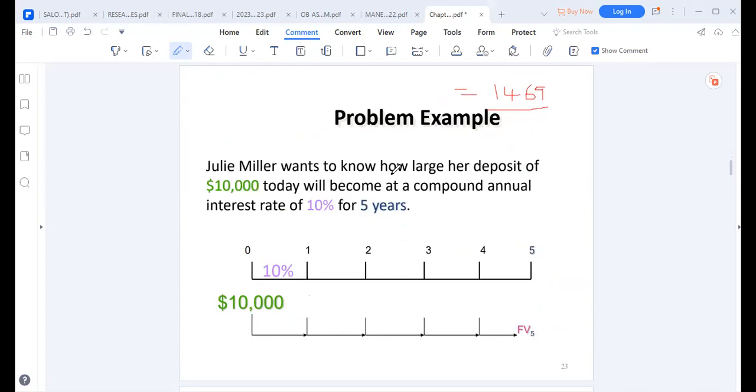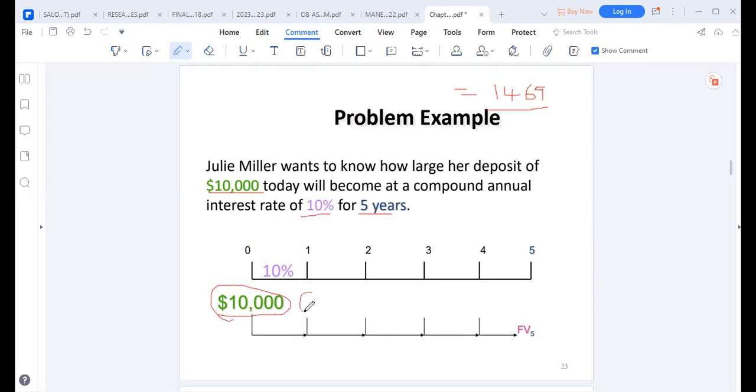Mila wants to know how large her deposit of 10,000 today will become if there's an annual compounding interest rate of 10% after 5 years. So in this case, we want to compute our future value. The 10,000 is the amount we have today, then at 10% for 5 years.